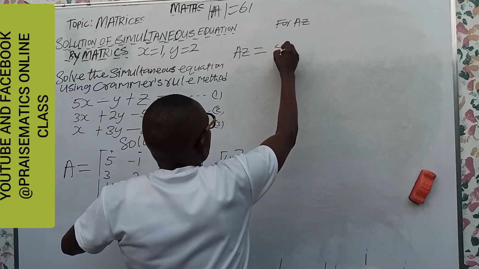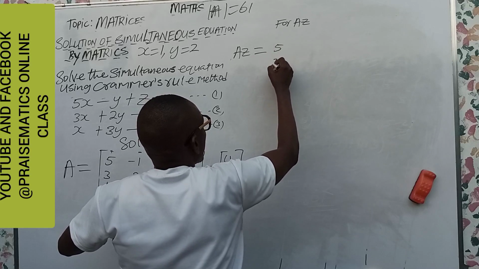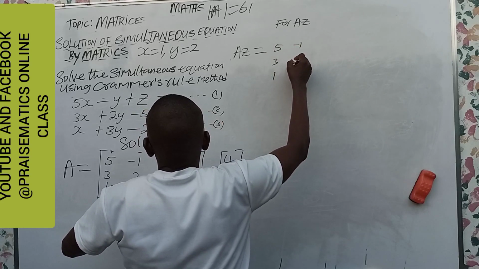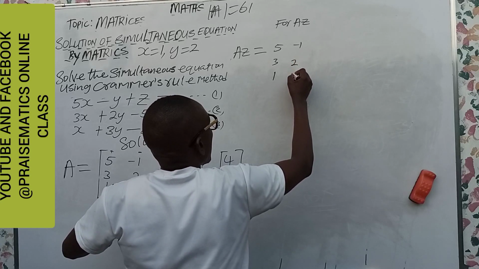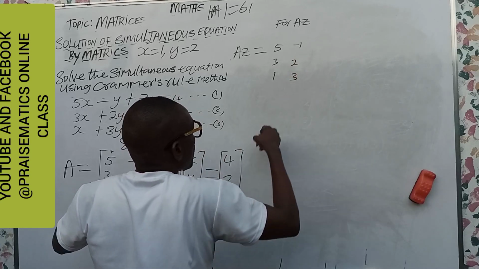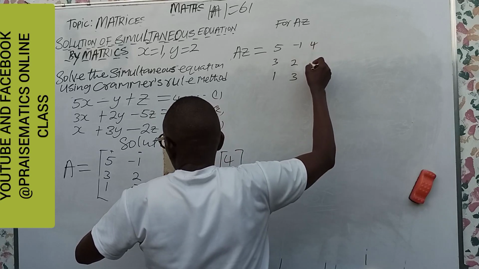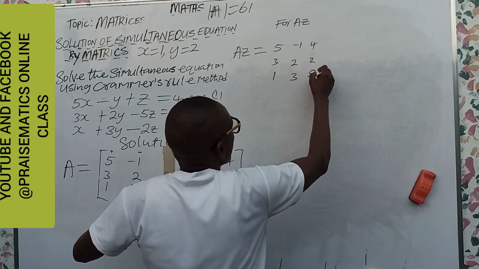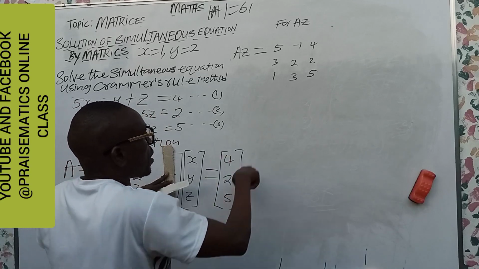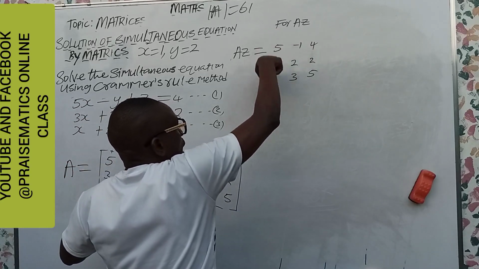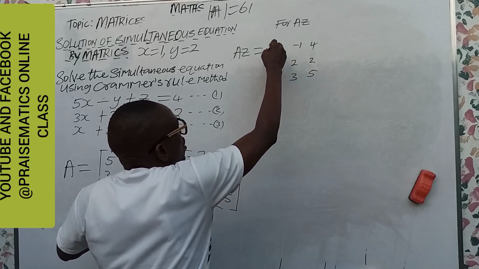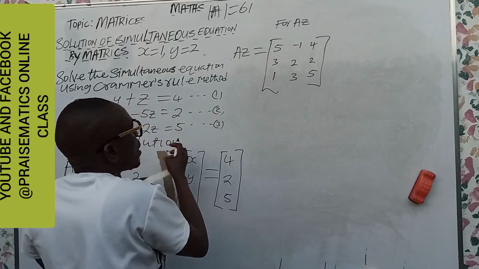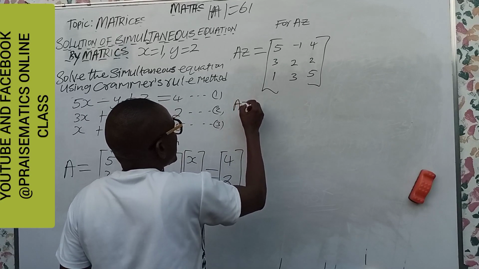We have 5, 3, 1, minus 1, 2, and 3. Now replace this with 4, 2, and 5. That is, we replace this one along z. This is x, y, z. We change this, so it is like this. Okay, now we are going to look for the AZ determinant.